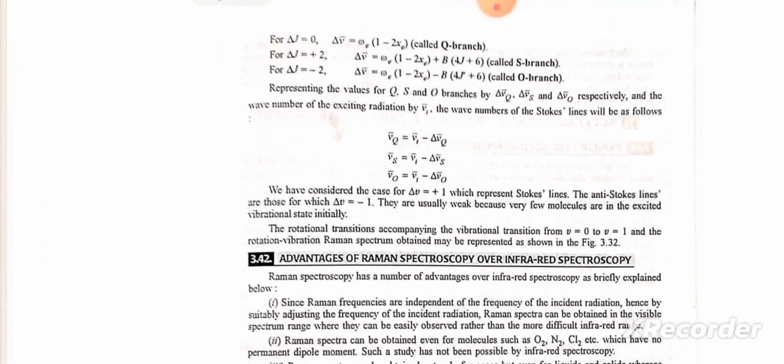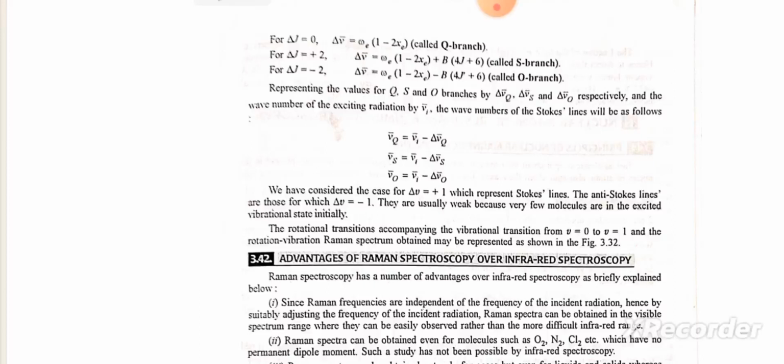For del J is equal to 0, change in the wave number is equal to omega e, 1 minus 2 xe, where xe is the anharmonicity constant. For del J is equal to plus 2, change in wave number is equal to omega e, 1 minus 2 xe, plus B, 4J plus 6, called S branch.